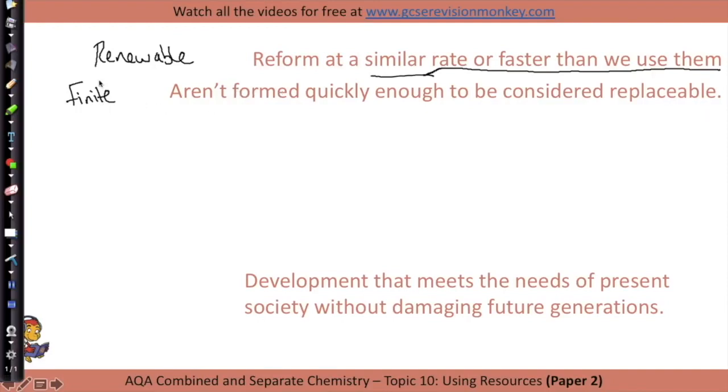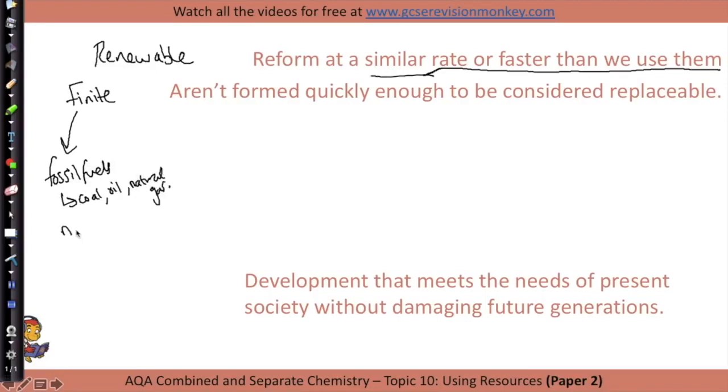So these take so long to make that if we use them up, that's it. They can't be replaced within our lifetime. So the finite resources are things such as fossil fuels. So that includes our coal, oil, and our natural gas.